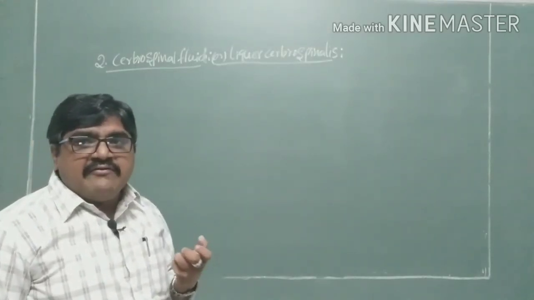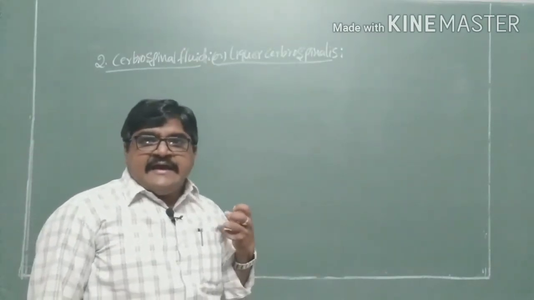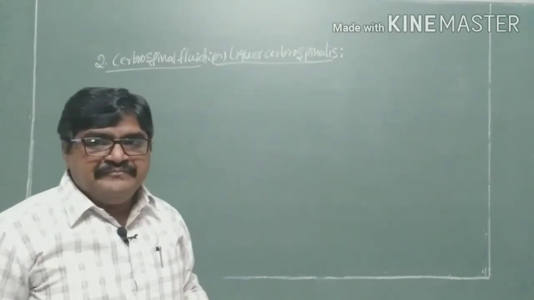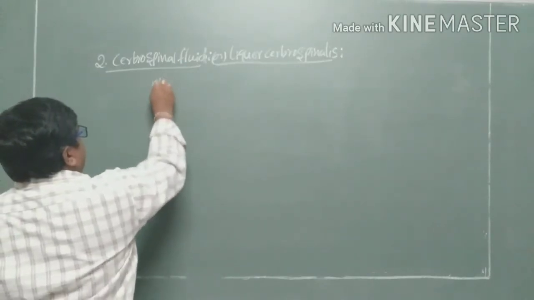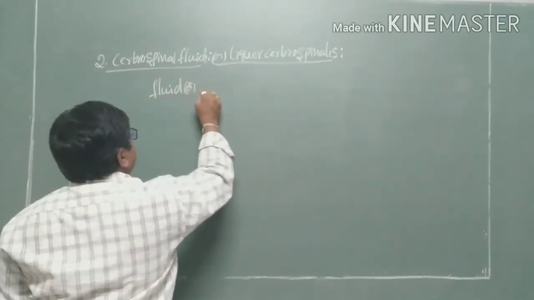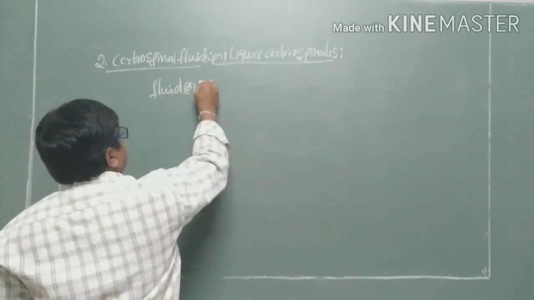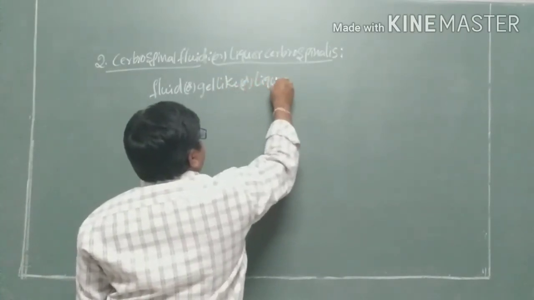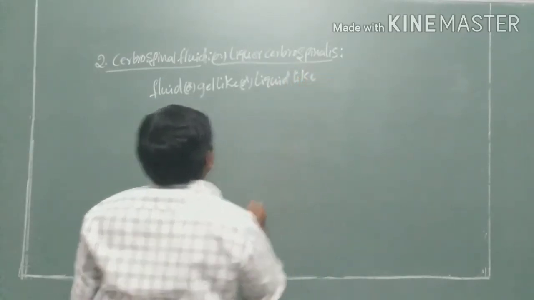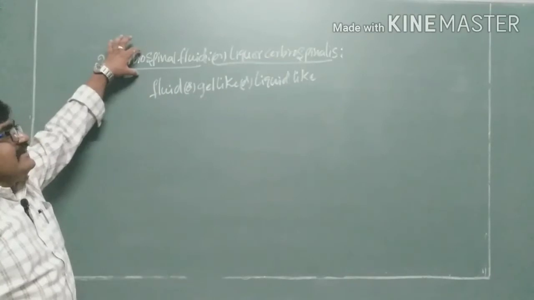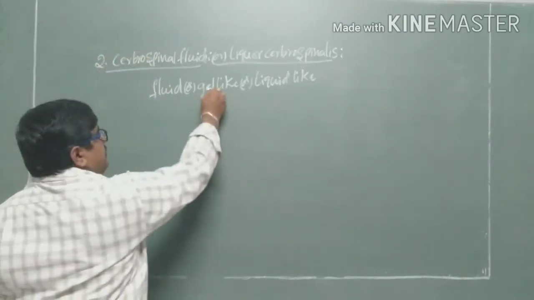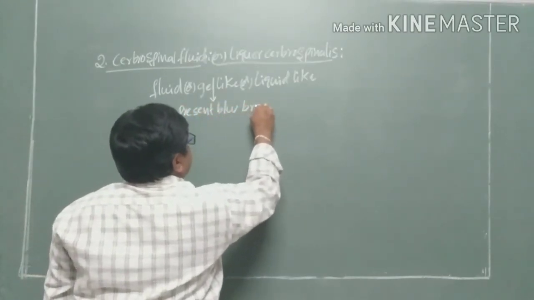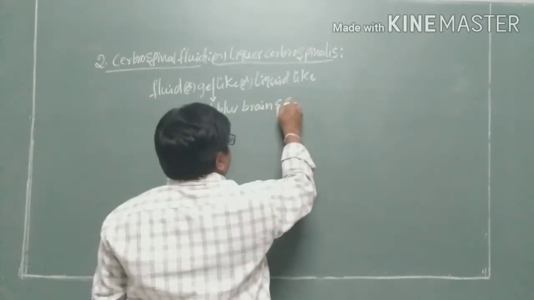Liquor means a liquid-like substance, a fluid or jelly-like substance, which is present in the brain as well as the spinal cord, between the brain and spinal cord.